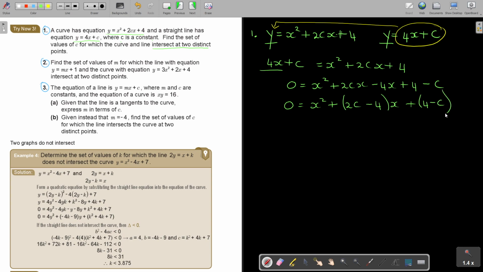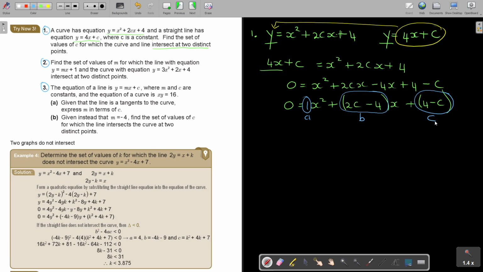Okay. So if I look at this question, I'm just going to say, this is my value of A. This is my value of B. And this is my value of C. Okay.